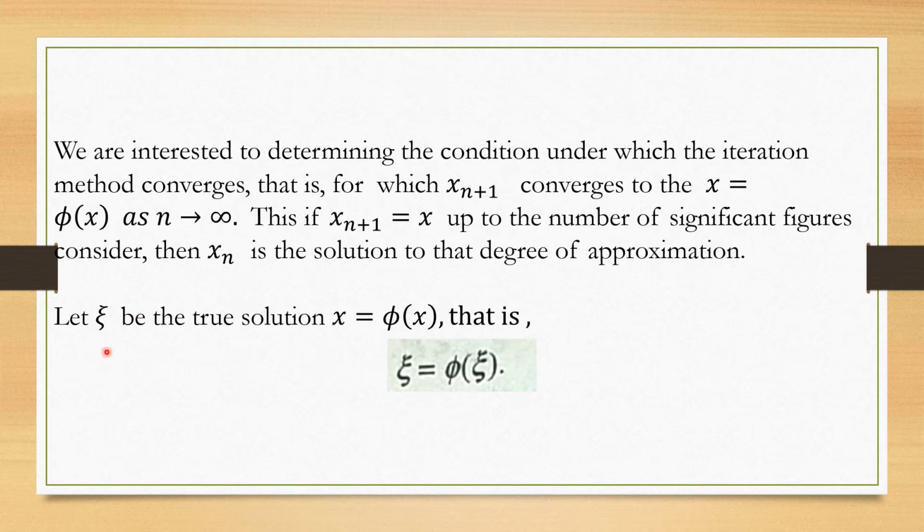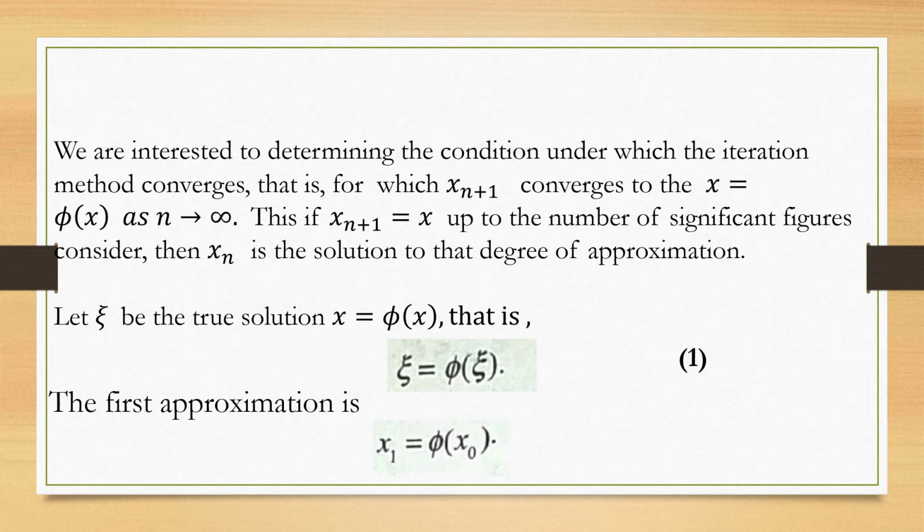Let xi be the true solution of x = phi(x), then this relation holds. Then xi = phi(xi). And the iterative formula will generate the first approximation x1 by putting the value of x0 in the function phi.